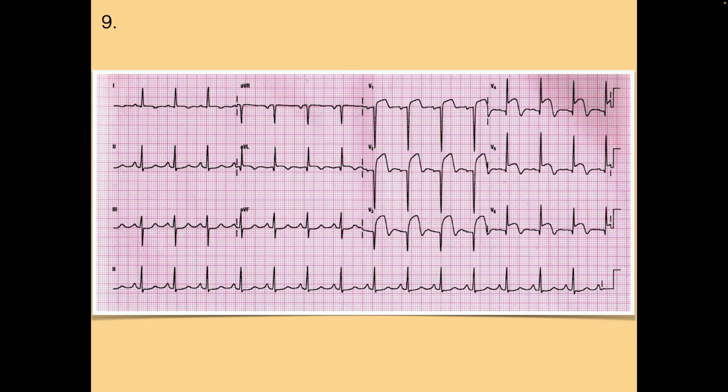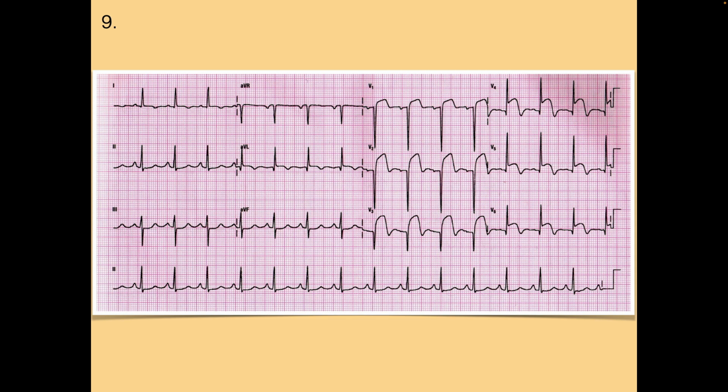Okay, final one here. All right, so I see ST elevation in V1, V2, V3, V4, V5, and V6. Correct. So what have you got? Septal anterior lateral. Yep. Okay, so questions? Yes, please.